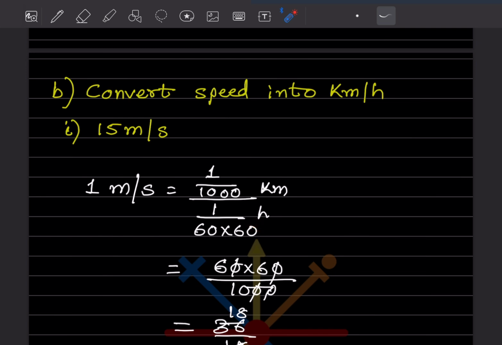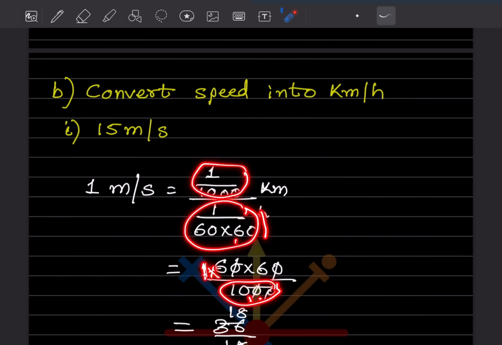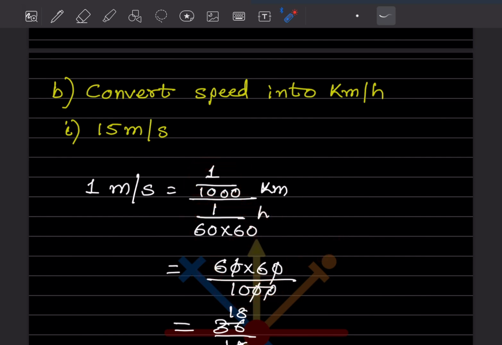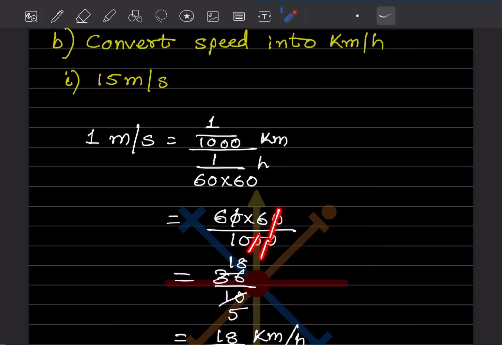So what will you write here? This is the numerator and this is the denominator. So 1000 we'll write here, and this is going to get flipped over. So 3600 will go in the numerator. Now what will you do? This gets cancelled, so that will be 36 by 10.